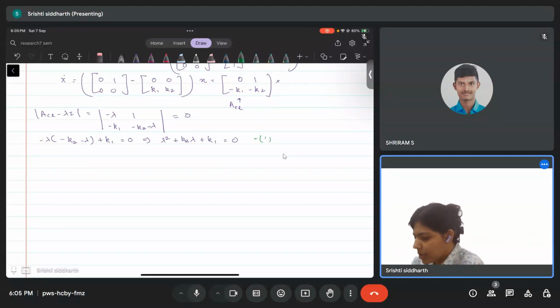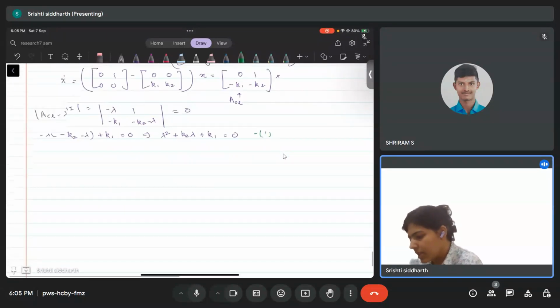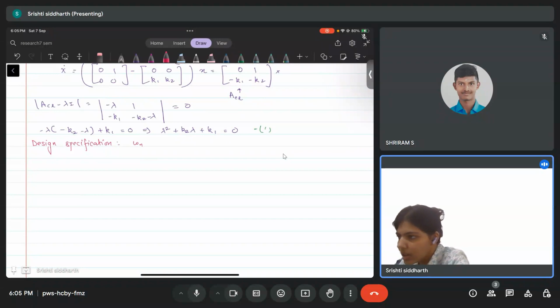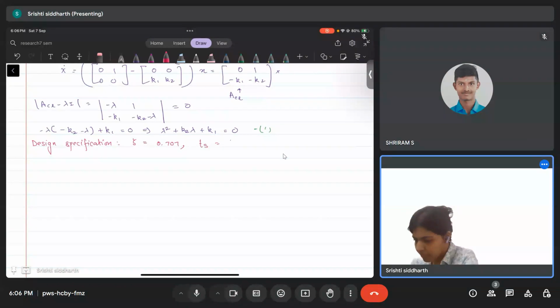So this is a second order system, right? The design specification is that for the second order system, you want the damping ratio zeta to be 0.707 with a settling time Ts of 4.